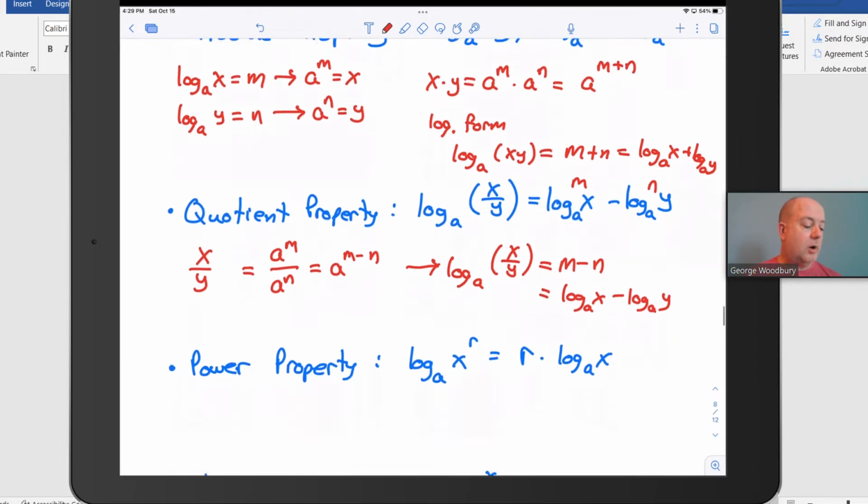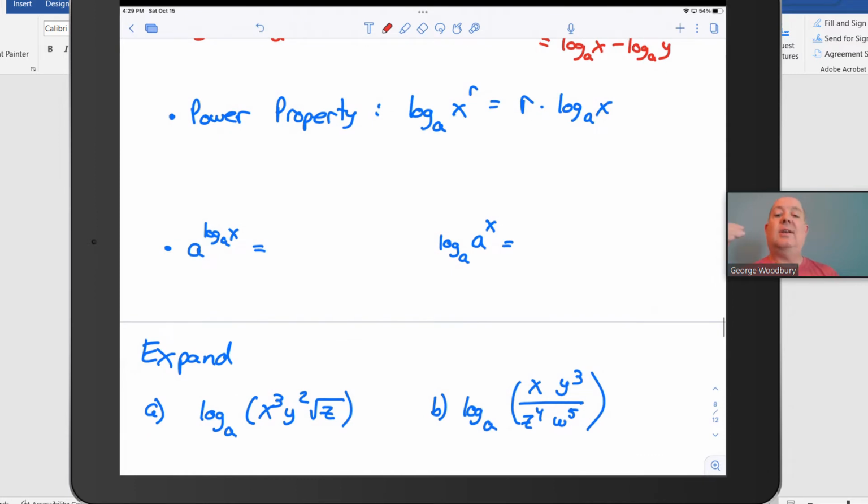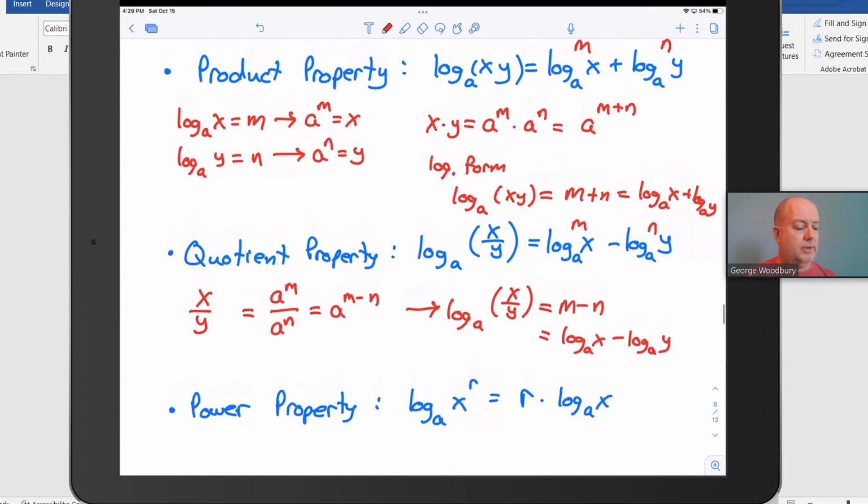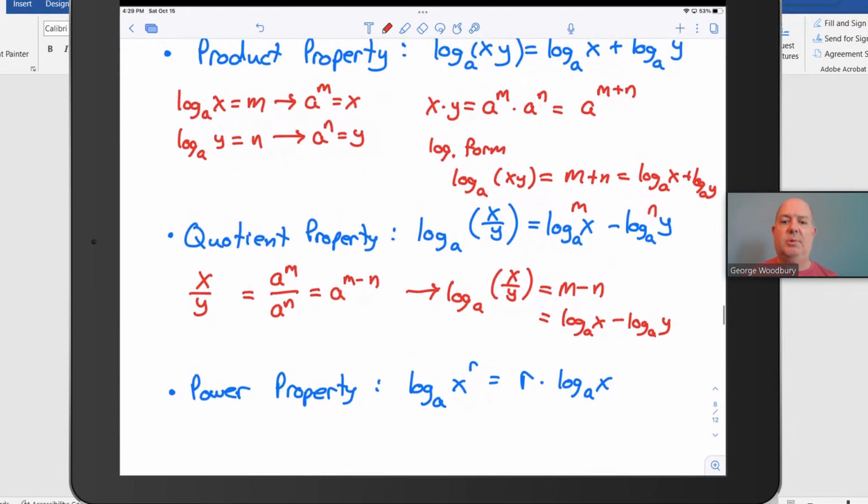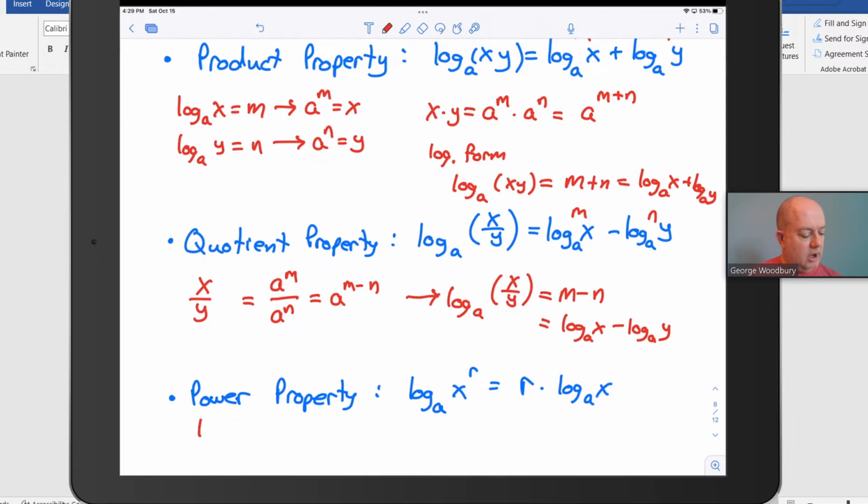Finally, the power property says that log base a of x raised to some power r can be rewritten as r times log base a of x. And we'll prove this one using the product property that we had up above. So if I've got log base a of x to the r power, I can rewrite that as log base a of x times dot dot dot times x, where there are r of these.